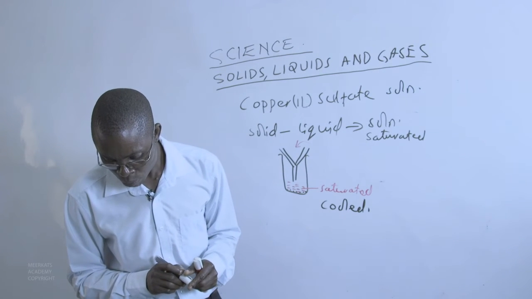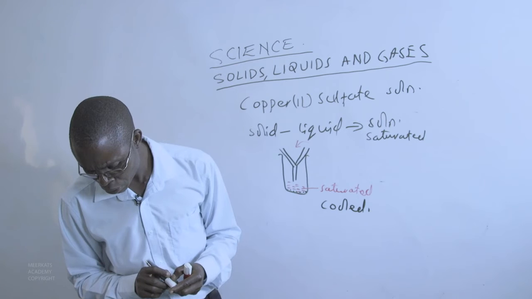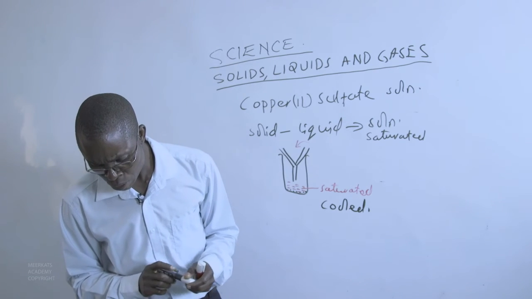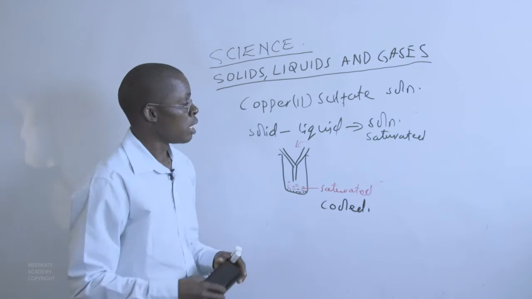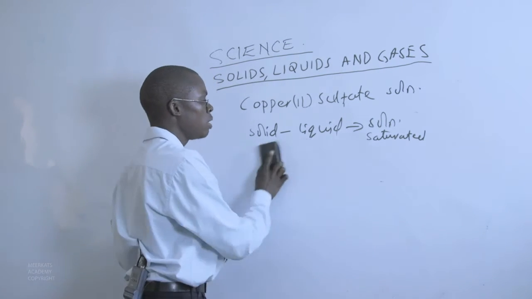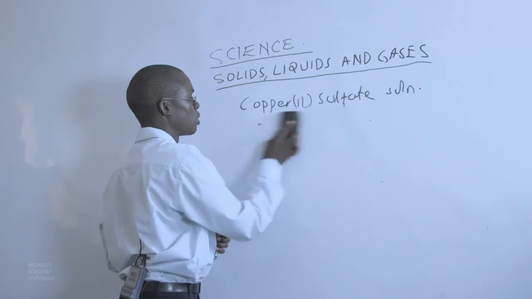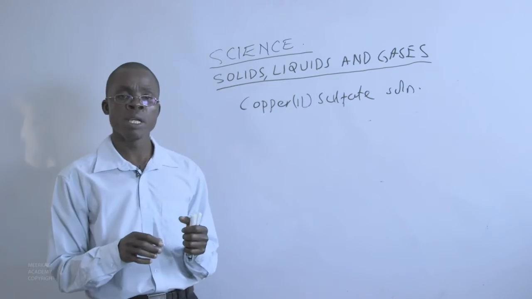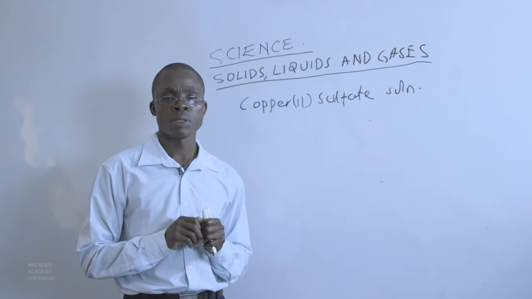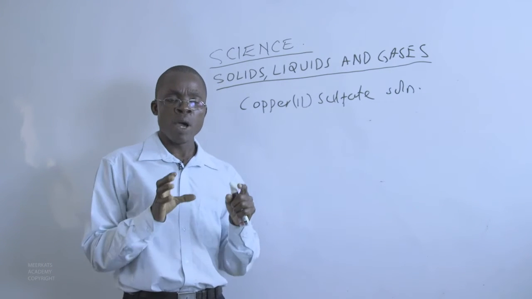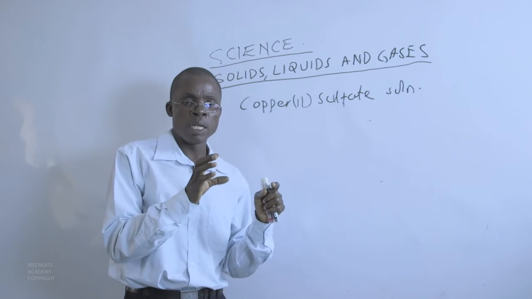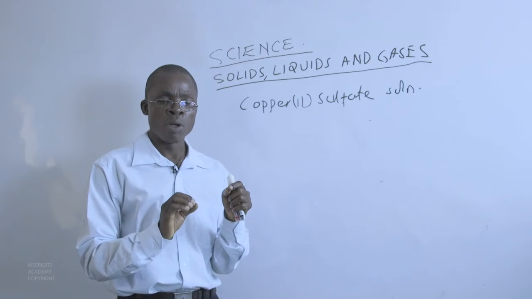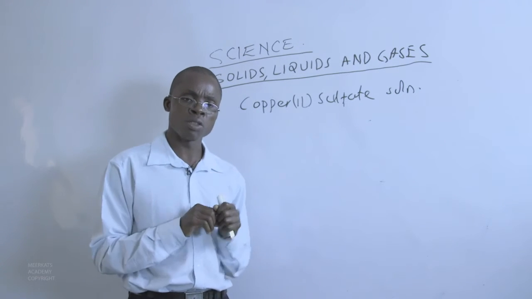However, when some sodium chloride crystals are added, they do dissolve. This is a very good condition that some may easily get confused about. Why? You are adding this one, it can't dissolve. But you add in this one and it dissolves.